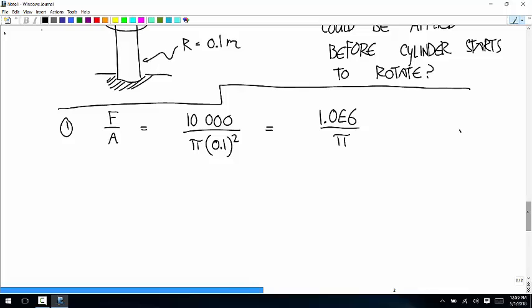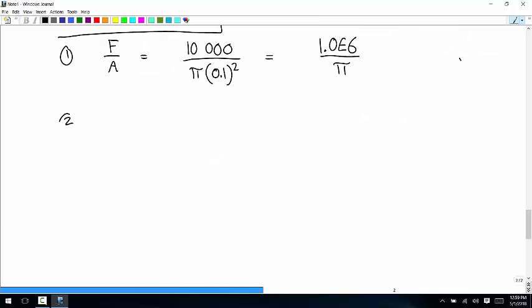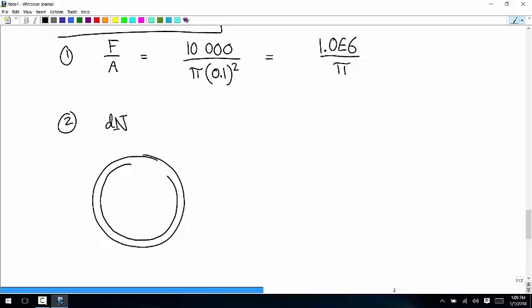And next, for our infinitesimal ring, we want to calculate the infinitesimal normal force. We're talking about this ring with a thickness of dr and a distance from the center of r.